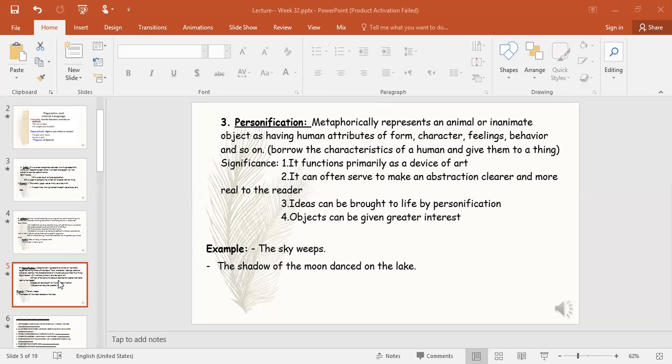Okay, that's it. So let's repeat from the beginning. We have 3 kinds of figures of speech, and there are hundreds of kinds, but we are just going to explain 3, the most used ones.